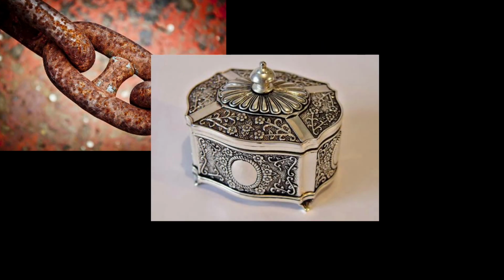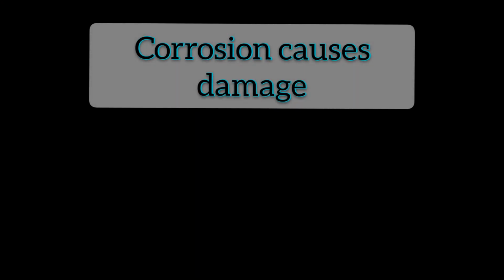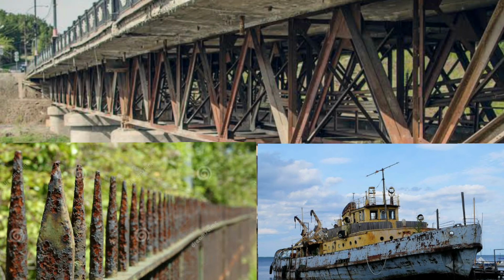Rusting of iron, appearance of black coating on silver, and green coating on copper are a few examples of corrosion. Corrosion causes damage to metal objects like iron railing, ships, and bridges, etc. Corrosion affects iron objects the most.